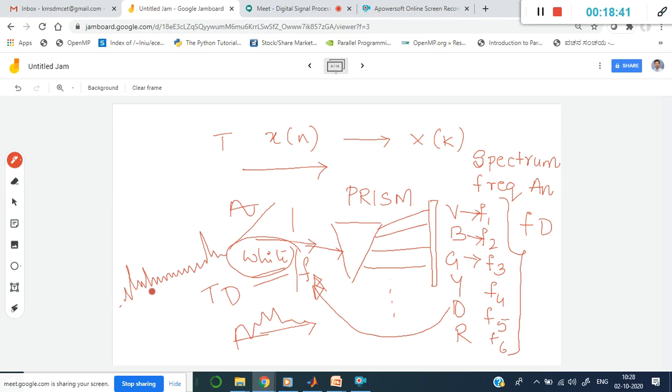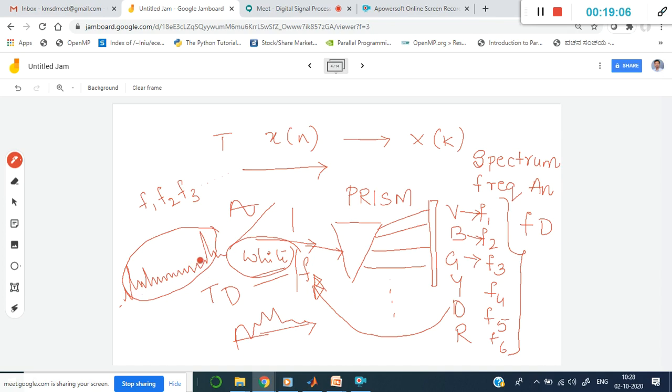There are different frequencies here. At every instant of time, the frequency is varying. Hence this signal will look like a single signal, but it comprises F1, maybe F2, maybe F3, maybe so many different frequency components. So this is a single signal.